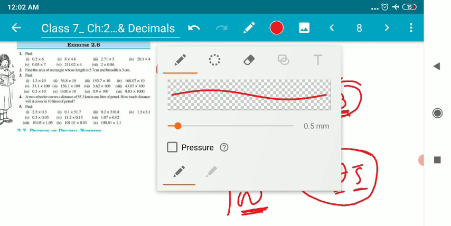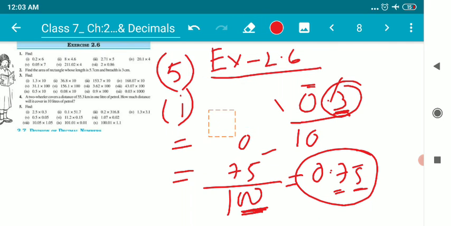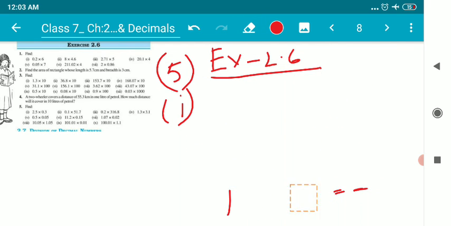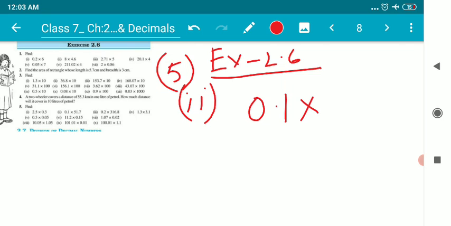Let us try with next number 2. Number 2, don't look at the size of the question because it's really very simple. Question number 2 is about 0.1 into 51.7. Let us see how to calculate this, children. Remove this point, you will get 10. Remove this point, you will get 10.